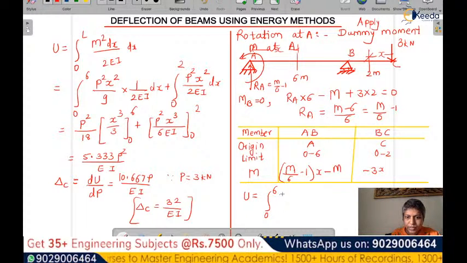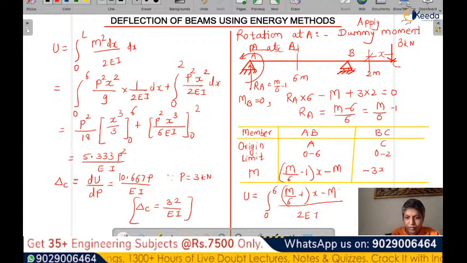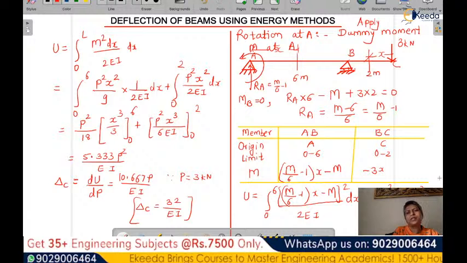So when you substitute in the equation, it is 0 to 6. Use this equation, M square dx by 2EI, so (M by 6 minus 1 x minus M) by 2EI, this is the whole square, dx, plus 0 to 2, (minus 3x) whole square by 2EI, into dx. So upon solving this, you need to spend a little time.